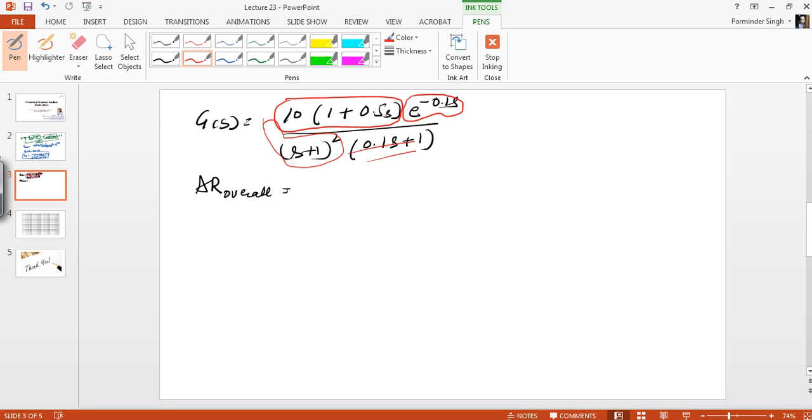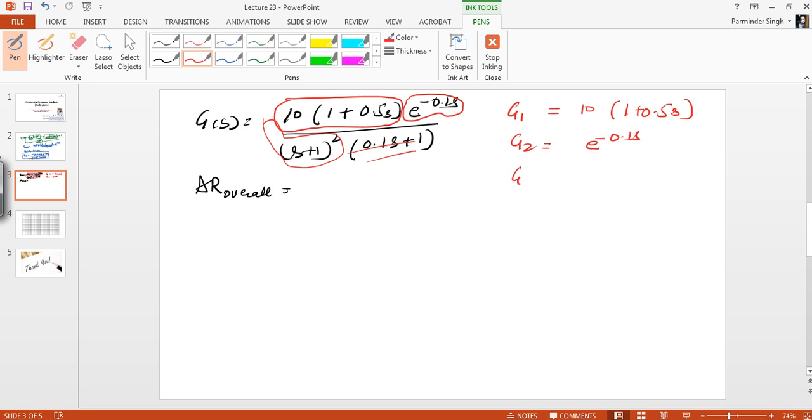So let's name them. G1 is 10 (1 + 0.5s). G2 can be taken as e^(-0.1s).